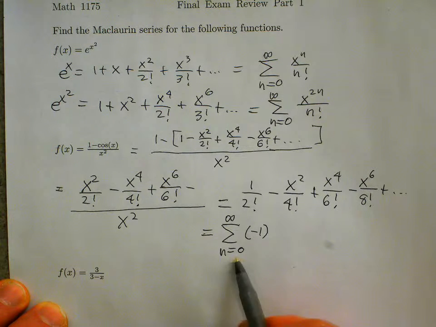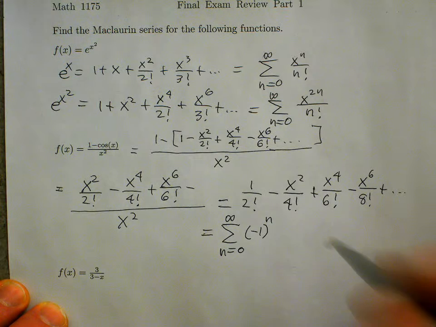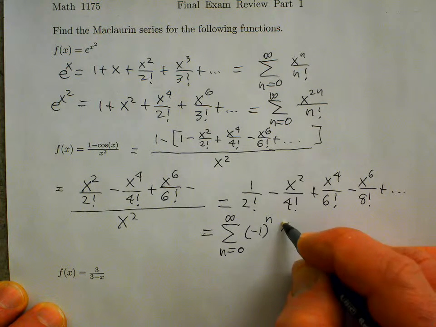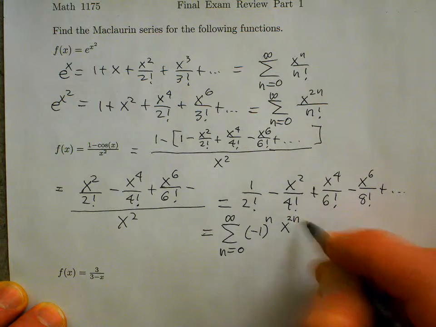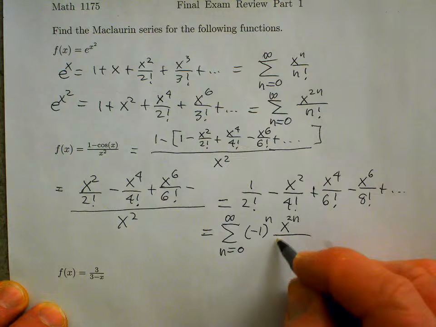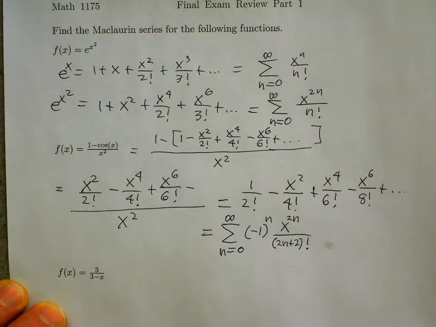Let's just start out with 0, so -1 to the n. And the numerators will be x to the 2n, and the denominators 2n plus 2 factorial. I think that will work. When n is 0, we get x to the 0, which is 1, over 2 factorial. Yeah, that looks like that one works.